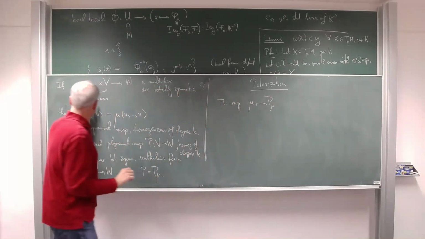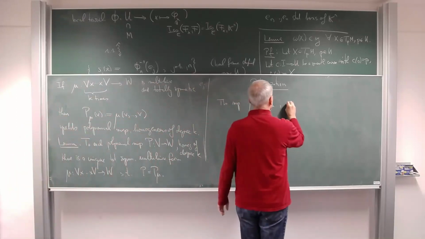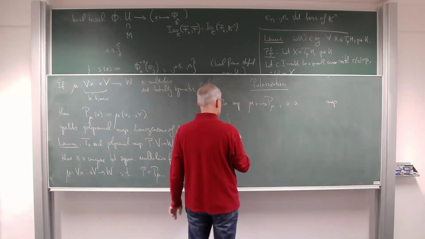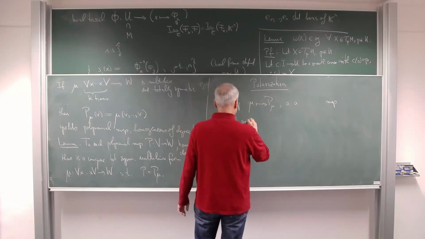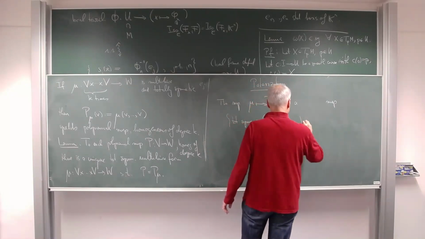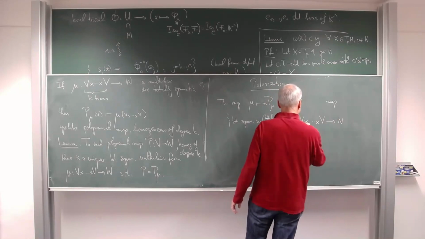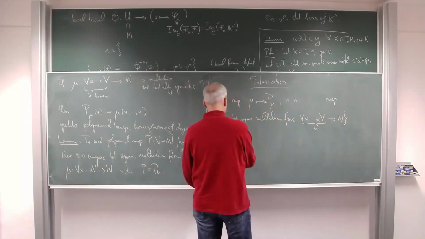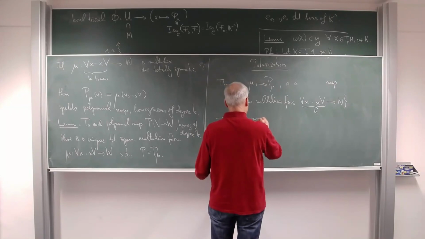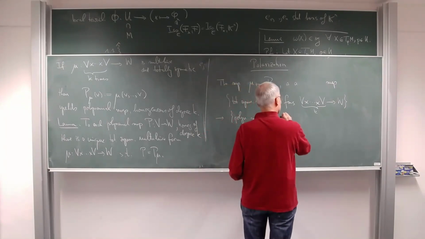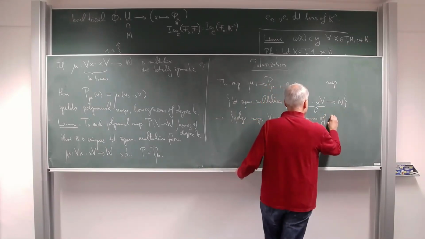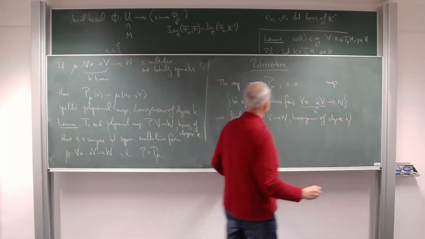That's a map from the space of all these totally symmetric multilinear forms to the space of polynomial maps from V to W, homogeneous of degree k. And it's not just some map, it's a linear map.